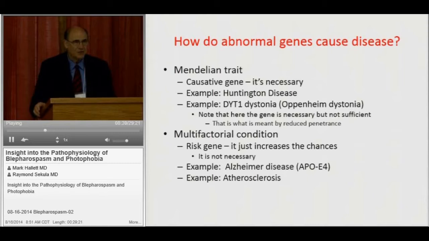So, for example, in Alzheimer's disease, if you have a gene for what's called ApoE4, then you're more likely to get Alzheimer's disease, but it's not necessary. It just increases the risk of it. So genes can have variable influence, very strong or just relatively weak.